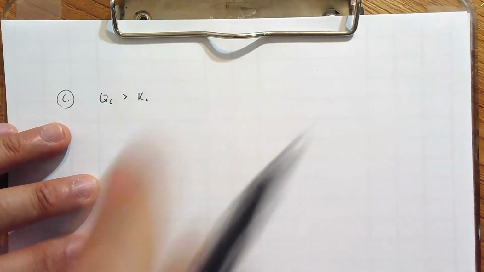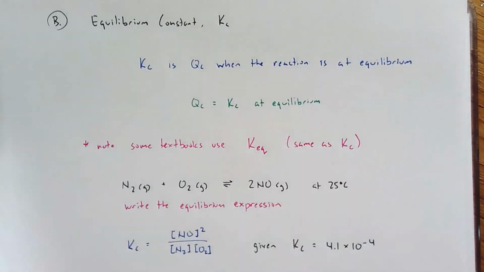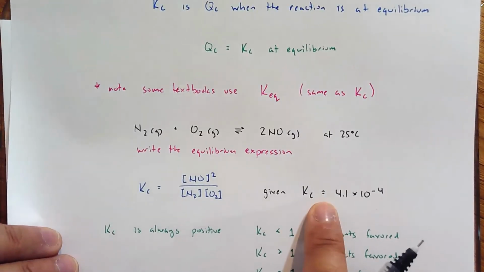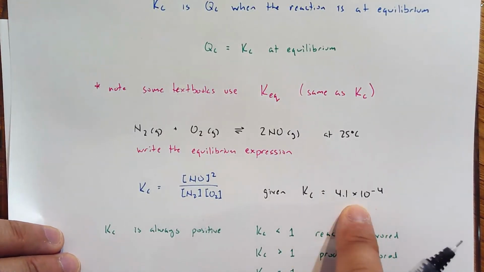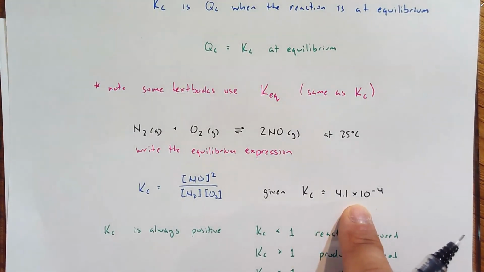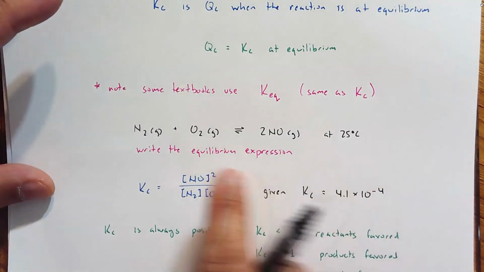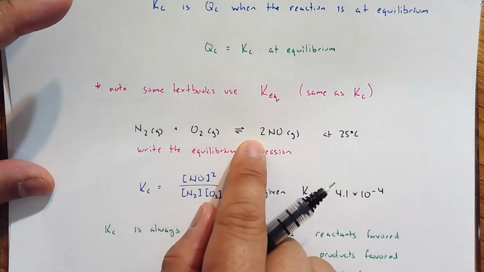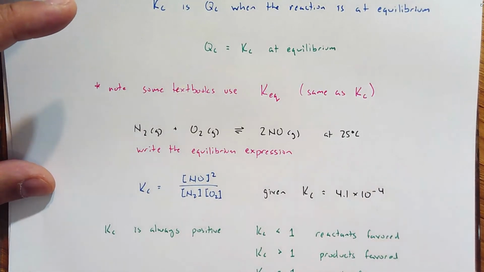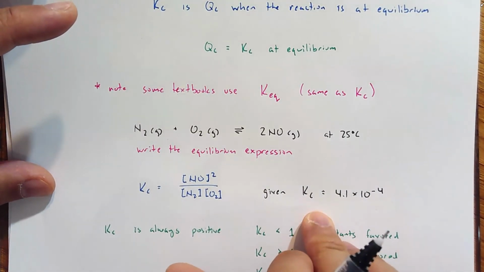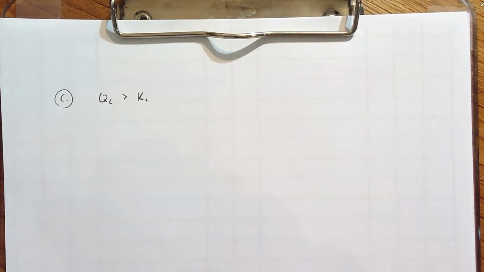Because, again, Kc is a constant for the equilibrium expression. That will always stay the same number regardless of how much of each you start with. The reaction will reach this Kc, this equilibrium constant.